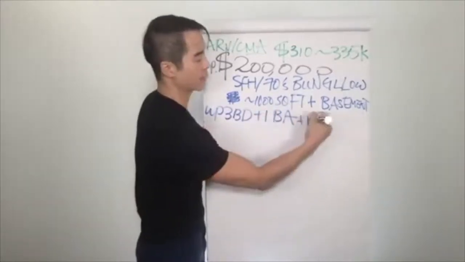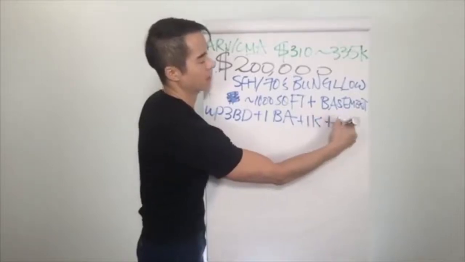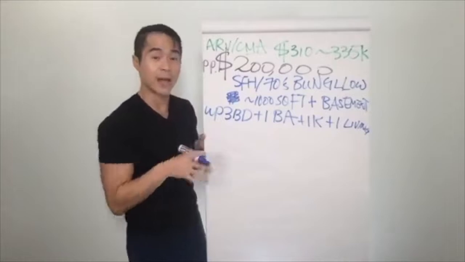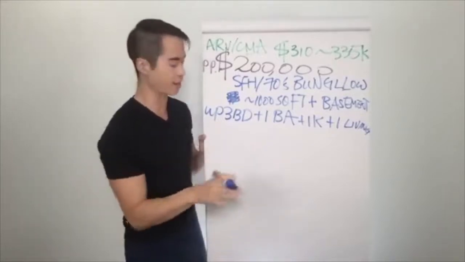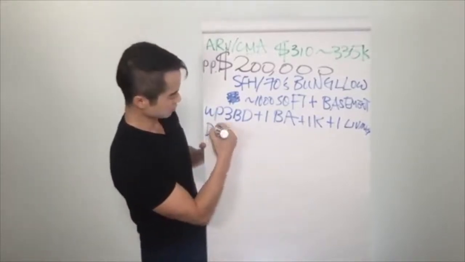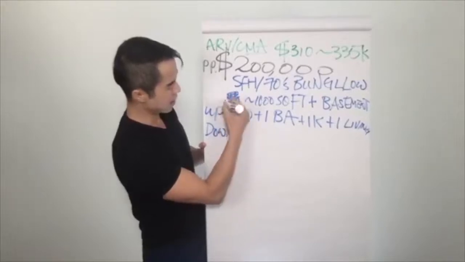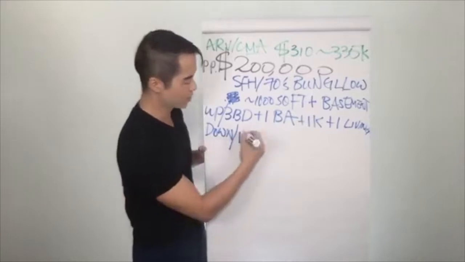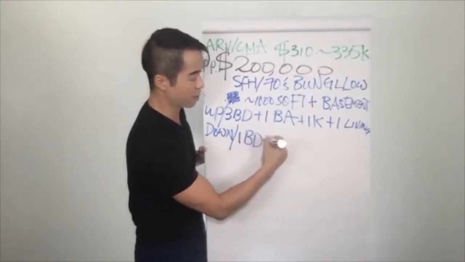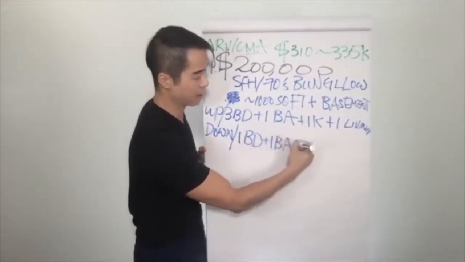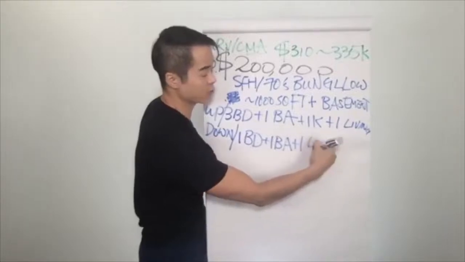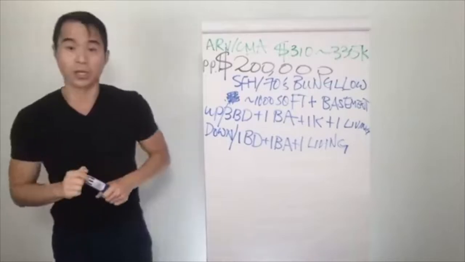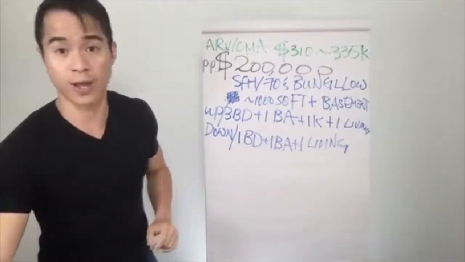And then 1 kitchen, and then 1 living space. And then the basement, albeit not completely finished, I'm going to do this just so that visually there's a bit of separation. There's 1 bedroom down there, plus 1 full bath, and then 1 large living room area. And it's got a detached single car garage as well.